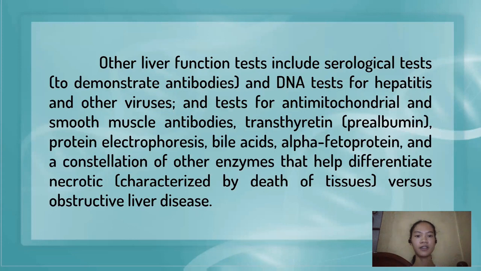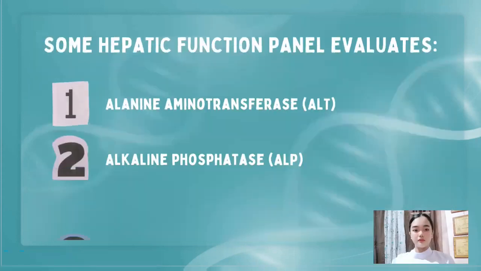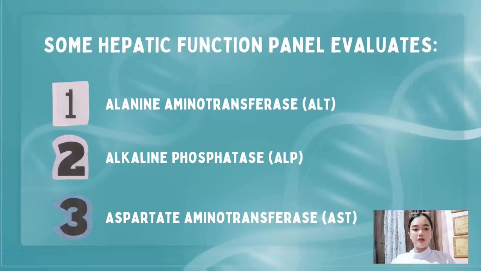Some of the reasons liver function tests may be performed include screening for diseases such as hepatitis, monitoring the side effects of your medications, and examining the severity of liver disease. A hepatic function panel also evaluates the alanine aminotransferase, ALT, alkaline phosphatase, and aspartate aminotransferase.